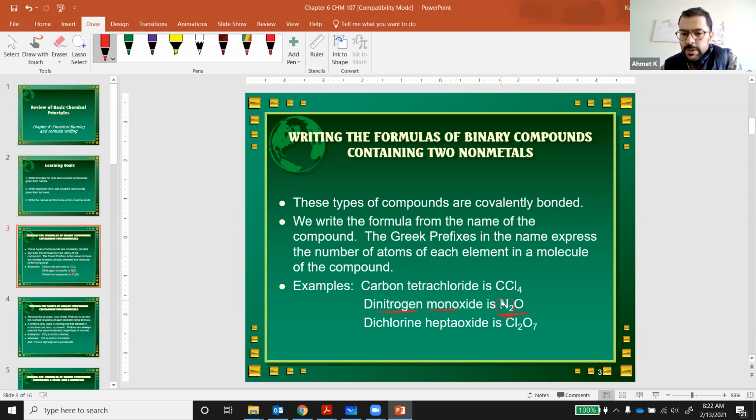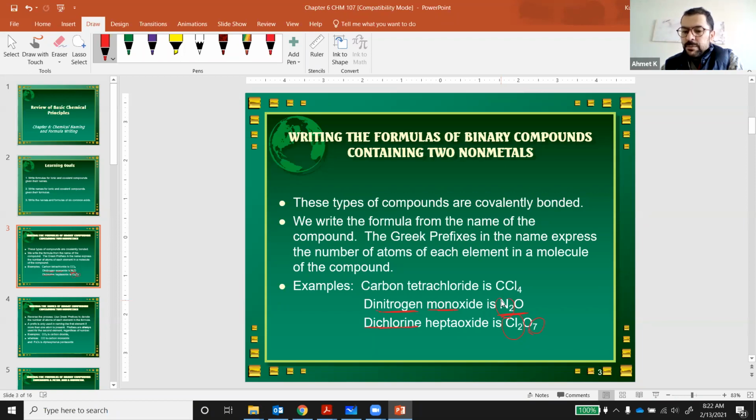And here's the other one with a lot of oxygen. Again, the first one is chlorine, and you don't change the name of the chlorine if it's in the first place. If it's in the second, you change it because now it becomes an anion. So you tell me how many do you have? You have two chlorine. Yep, dichlorine, and then you come to oxygen, and how many do you have? You have 7 of them.